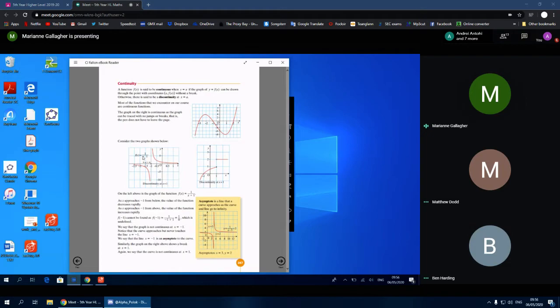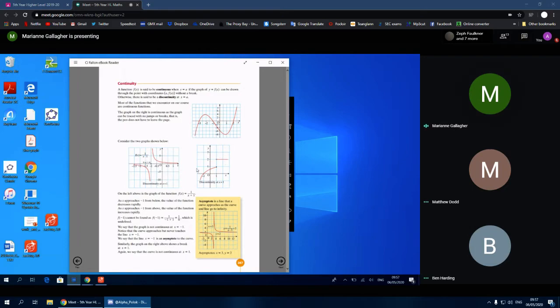If you sub in -2.5 and -2 and -1.5, you'll be able to get numbers for all of those. But if you put 1 over -1 plus 1 into your calculator, you'll just get an error. So you can't work out the value here. We could get -1.01, we could get -1.02, but we can't work out -1. And then the same on the other side. So that does not have a limit.